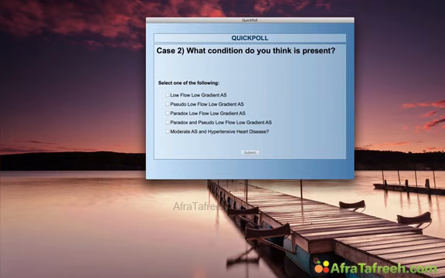Okay, the possibilities are, do you think that the condition that is present is that of low flow, low gradient aortic stenosis? Do you think it's pseudo low flow, low gradient aortic stenosis? Or do you think it's paradoxical low flow, low gradient aortic stenosis? Or paradoxical and pseudo low flow, low gradient aortic stenosis?